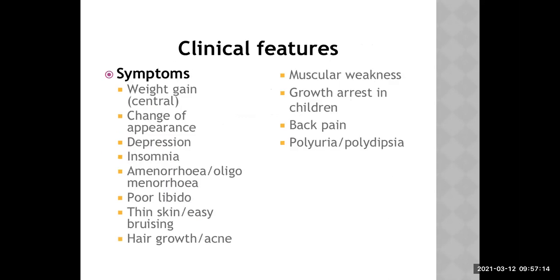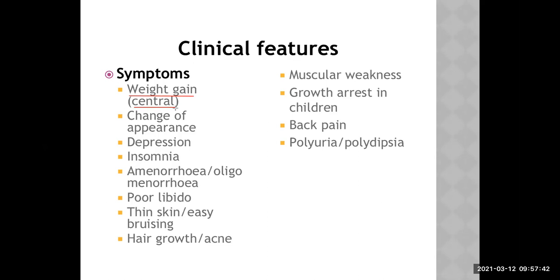Now, what are the clinical features of Cushing syndrome? There are so many clinical features in Cushing syndrome because of the overall effect of excessive glucocorticoids in the body. Now, the common symptoms are weight gain. This weight gain is a central type of weight gain. I've already told you. This is also known as central adiposity.